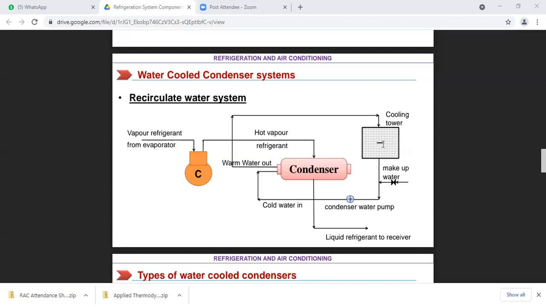In this cooling tower, it is converted into cold water, and if there is some loss of water, or the quantity becomes less, then makeup water should be added. This water goes to the condenser water pump, which increases the pressure, and it is introduced inside the condenser. This is recirculating water because this water is used again and again. That's why this is called the recirculated water system.